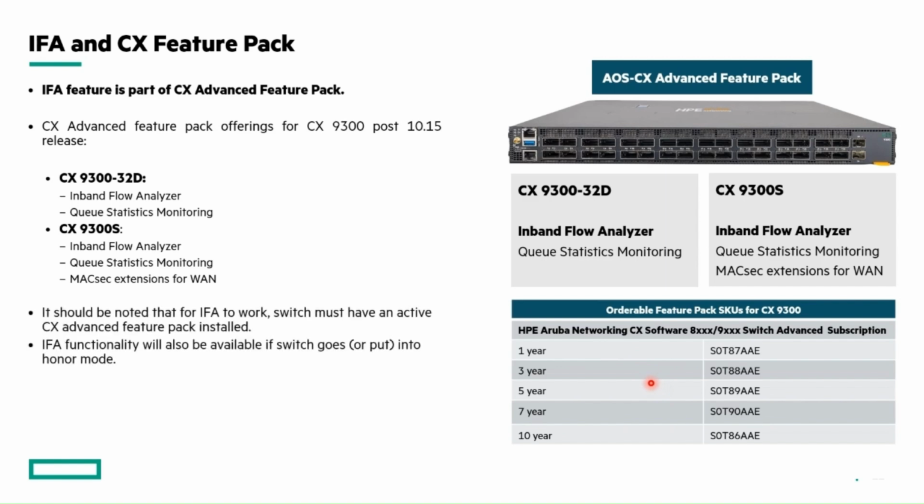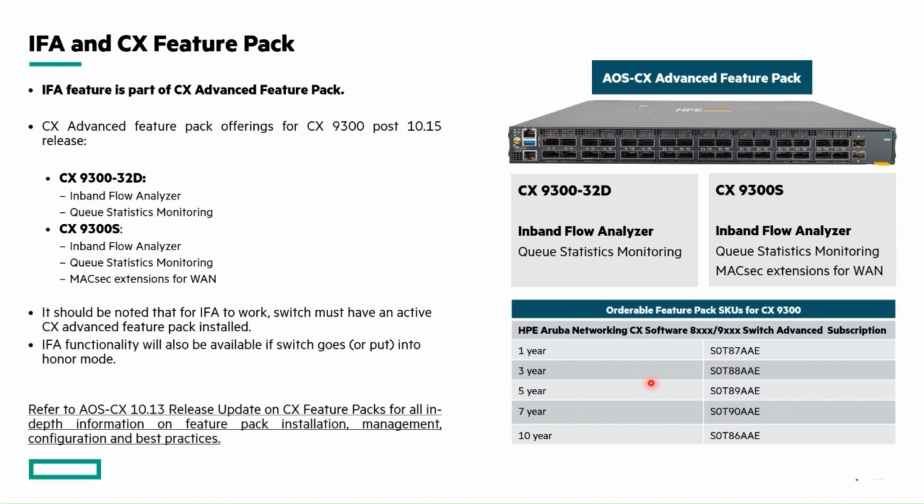IFA functionality will also be available if the switch goes into honor mode or is put into honor mode. Now, if you want to understand more about how the feature pack works, and how it needs to be managed or installed on your switches, please refer to the AOS-CX 10.13 release update on CX feature packs.